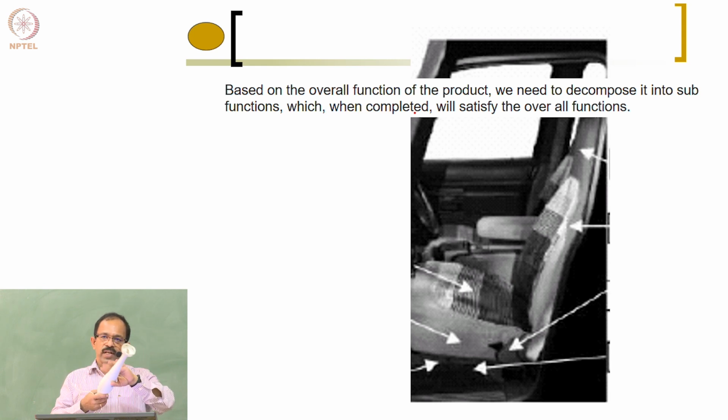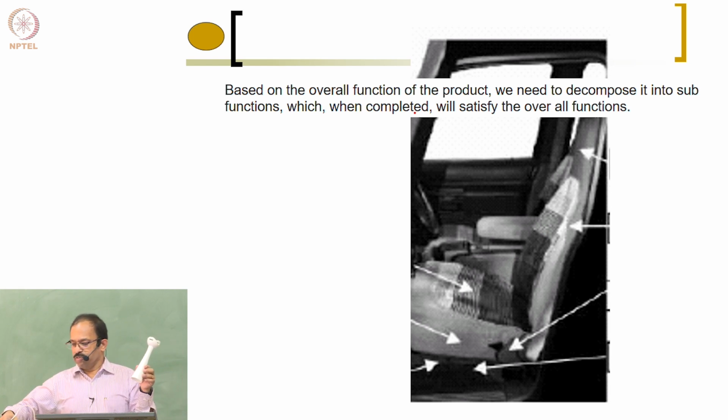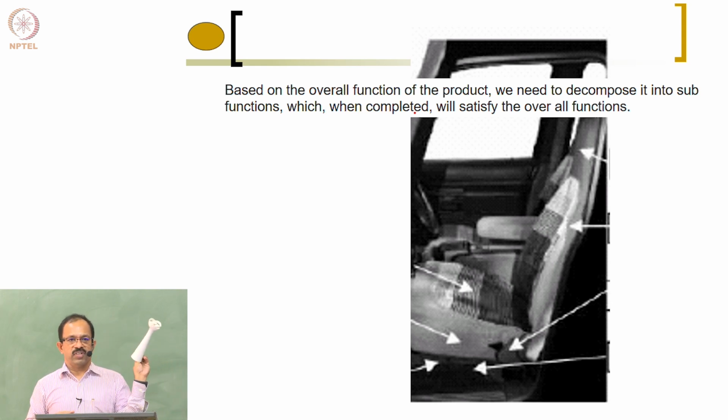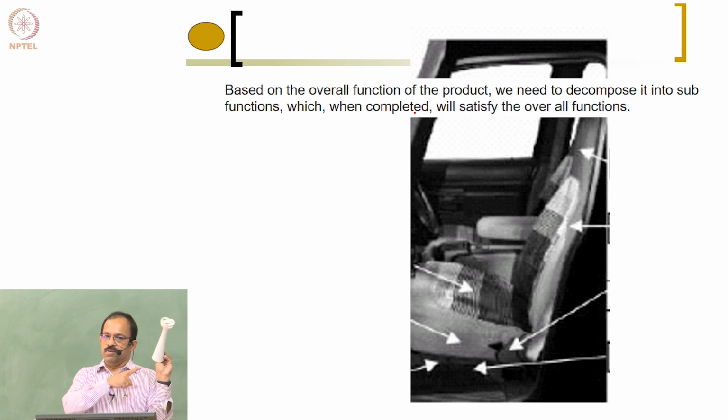So, if you look at it this way, you can see each and every element in this product has some function, right? If you take this shaft, there is a shaft or rod inside, right? If I take this individually, what is the function of the shaft? First is transmitting the torque. Any other function you can see?